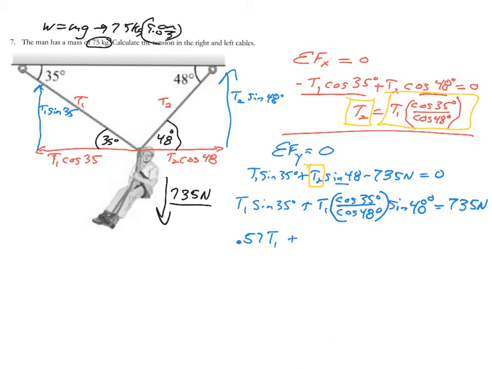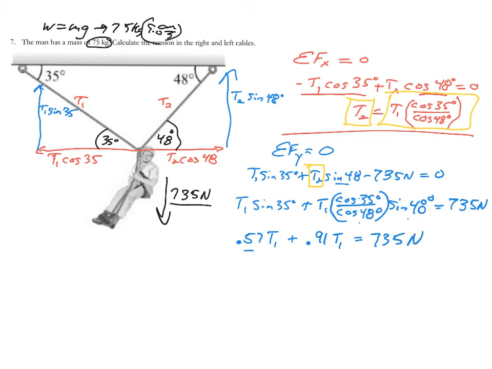So, all right, let's do this divided by this times that. Cosine of 35 equals 0.82 divided by cosine of 48 is 1.22 times the sine of 48. And I get 0.91 T1, and that equals 735 newtons.